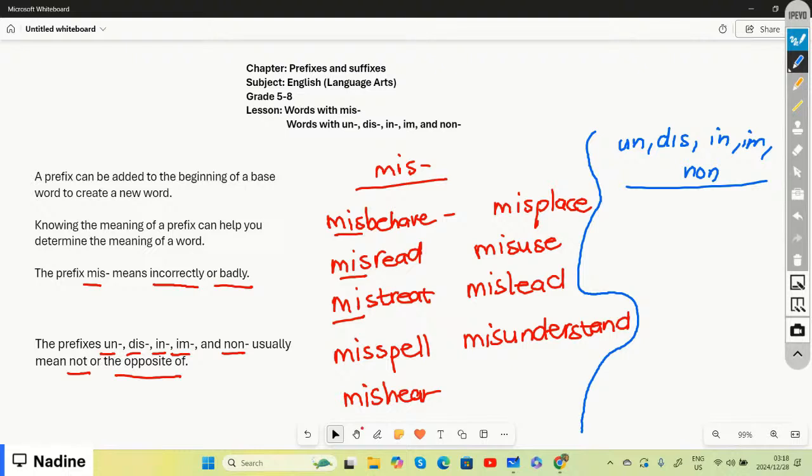And if we look at a word with dis, then we can maybe say disconnect, meaning it is not connected. If you disconnect something, you disconnect your charger, disconnect the Wi-Fi or something, then it means that it is not connected.